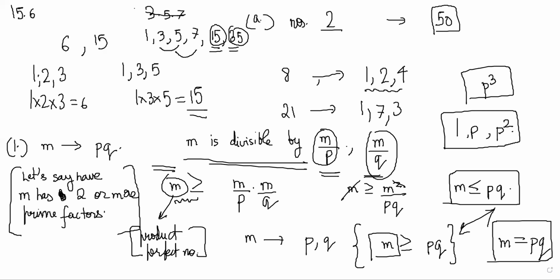But it also works with cubes. So for cubes, we have to think of a separate type of argument. Let's say M is divisible by only 1 prime, right? So then M must be equal to P power K, right? Instead of 2 primes, let's say M has only 1 prime in its prime factorization. So let's say M is equal to P power K, right?